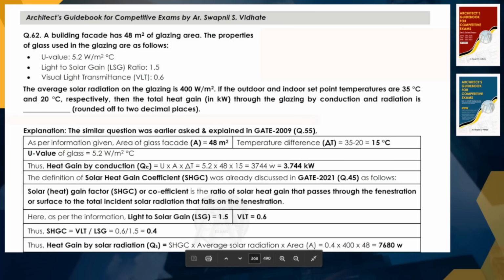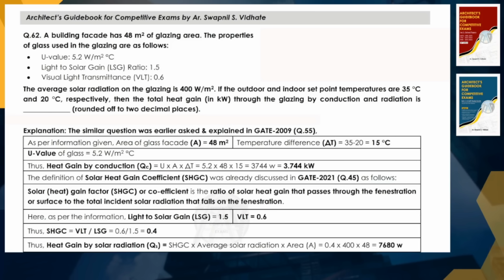Now heat gain by solar radiation will be equal to solar heat gain coefficient multiplied by average solar radiation multiplied by the area. So here the value will be 0.4, we have just calculated the value of solar heat gain coefficient, multiplied by the average solar radiation, which is given in the question, right?